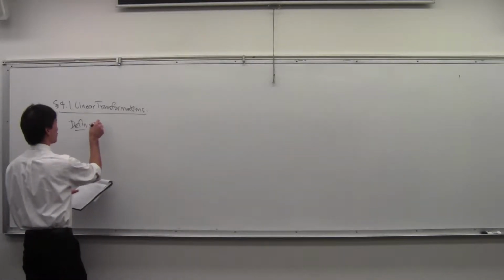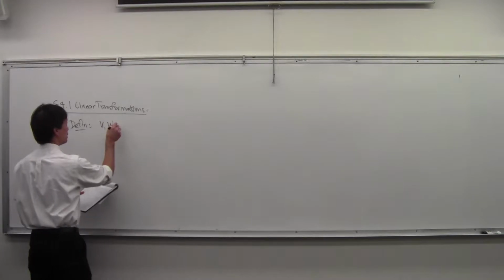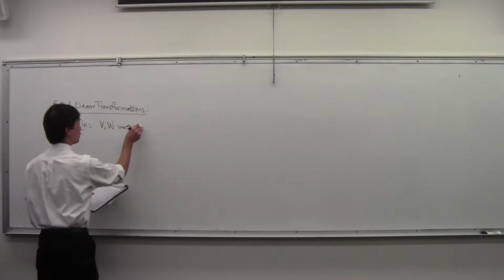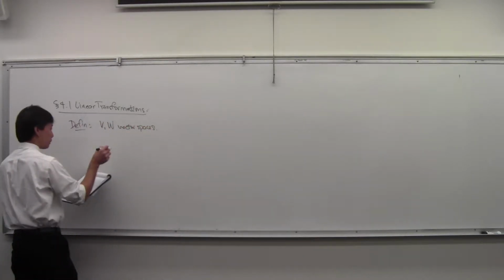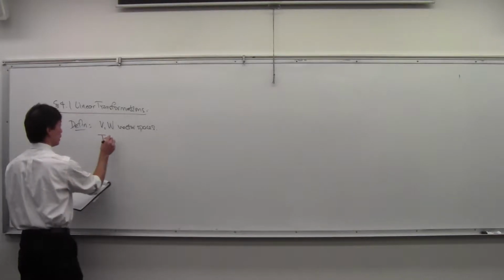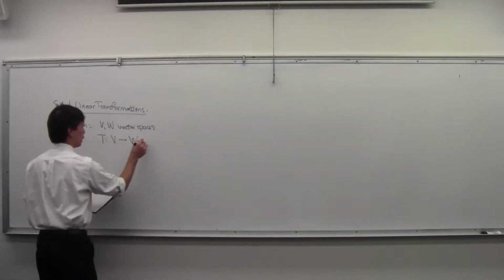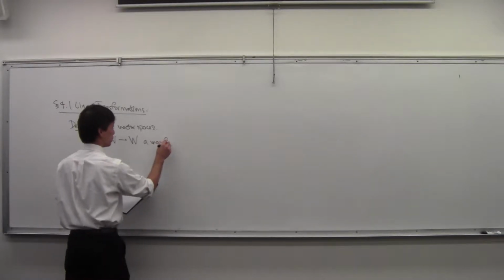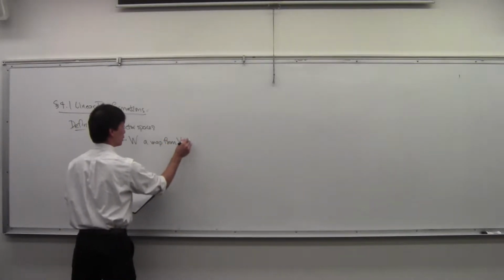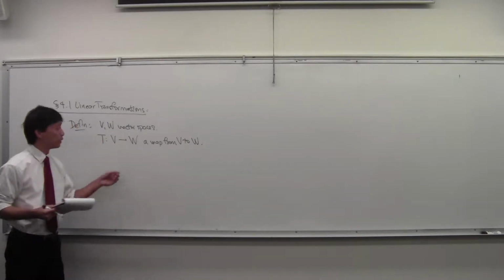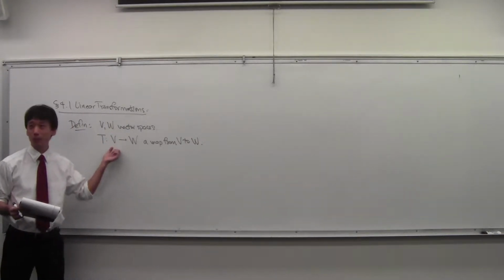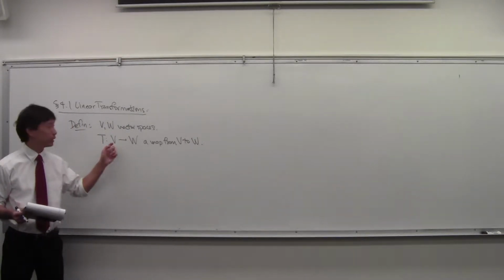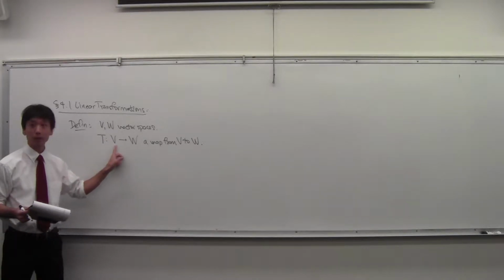Okay, so you have two vector spaces, and you have a map from one to the other. By map, I just mean you can think of it as a function. It takes in, this is its domain, this is its range.